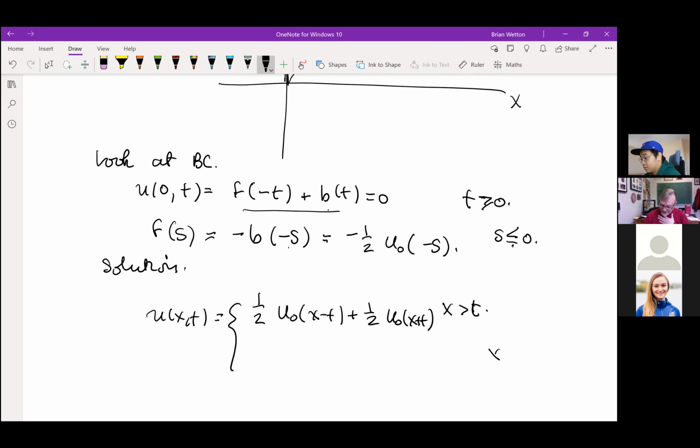And when x is less than t, I've still got the 1/2 u0 of x plus t, but now over here, I've got a minus 1/2 u0. Now I have to be a little bit careful. Now it's minus x minus t.